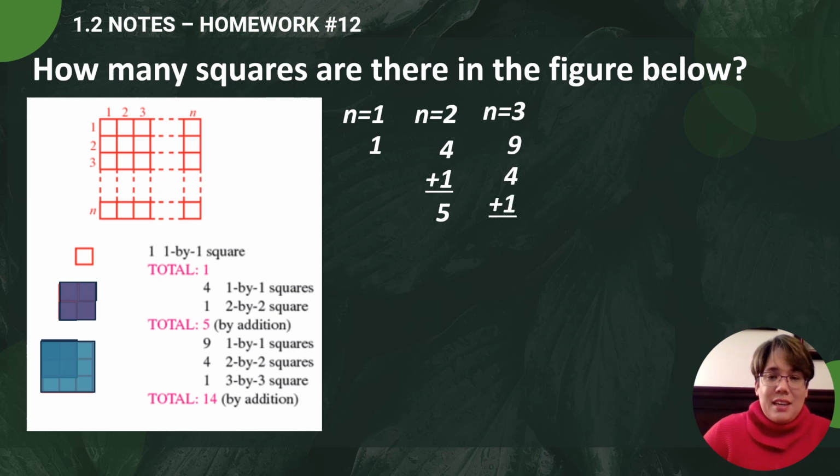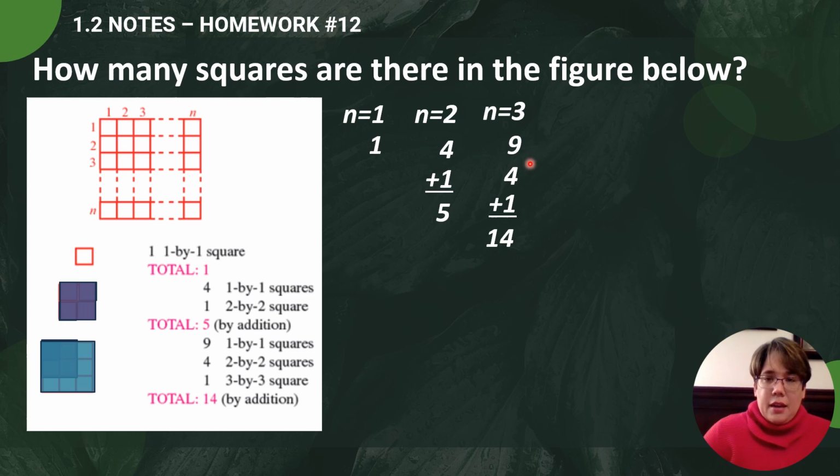Are you seeing a pattern here? Each time we are adding the same thing to the previous. So notice we're adding 4 plus 1, which was from the previous, and we just added 9. Now 9 came from 3 squared. 3 squared is 9. 2 squared is 4, right?